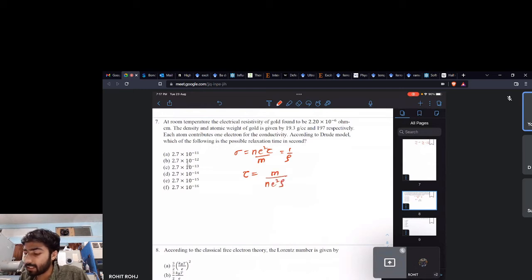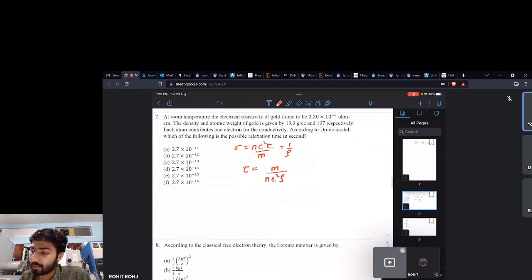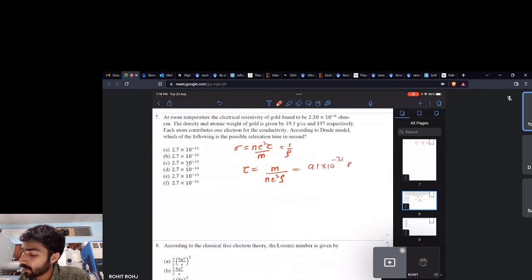The important thing in these kinds of questions is that one should maintain the same convention of units. So if one takes mass in kilograms, then the mass of electron is 10 to the minus 31 kg, divided by the charge density.